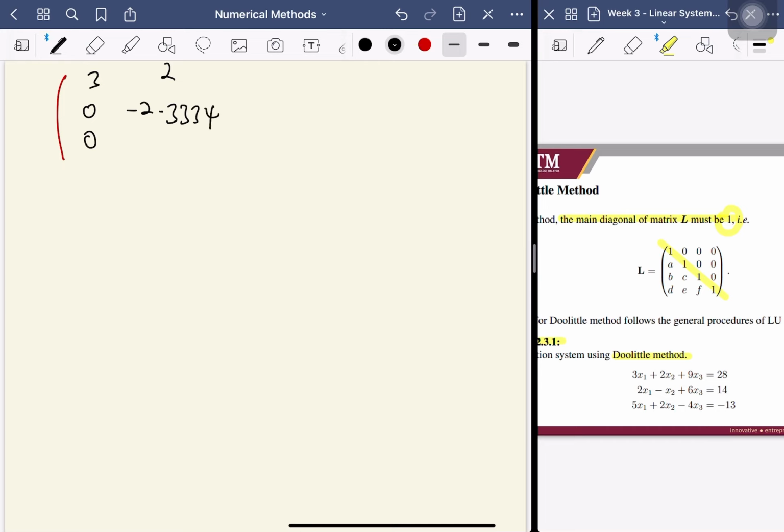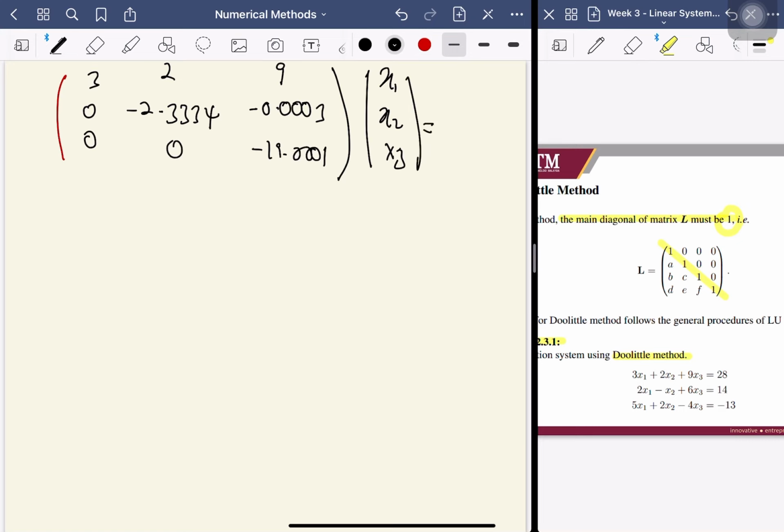Did I make any mistake here? Okay, here is 0.9, negative 0.0003 here, negative 19.001 here. This is the U that you figured out in the first step. Then x1, x2, and x3 equal the components of y that you figured out previously: 28, negative 4.6676, negative 57.0005.